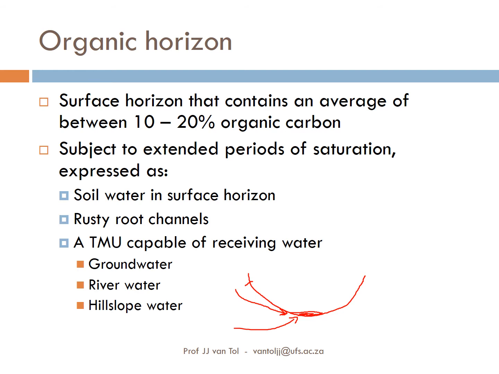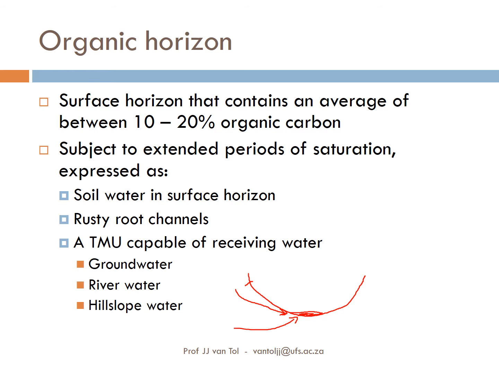So just quickly back to what I said earlier, is that in South Africa, our topsoil horizons typically have a carbon content of less than 1%.